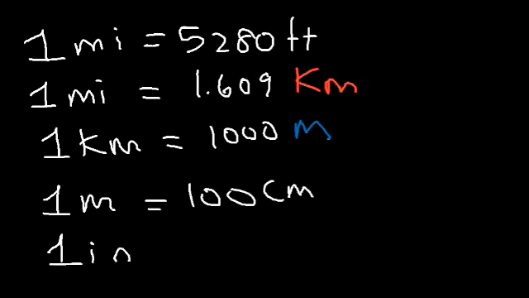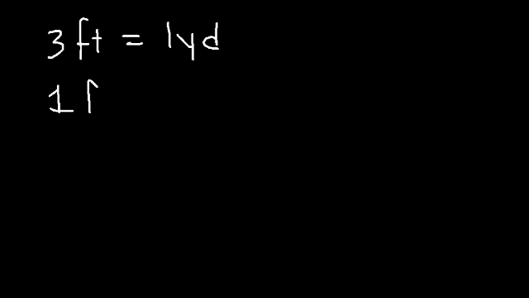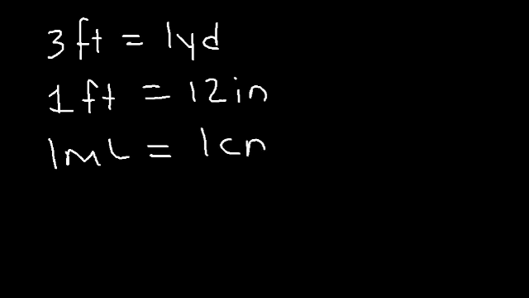And 1 inch is 2.54 centimeters. There's 3 feet in a yard and 12 inches in a foot. 1 milliliter is equal to 1 cubic centimeter, and 1,000 milliliters is equivalent to 1 liter.